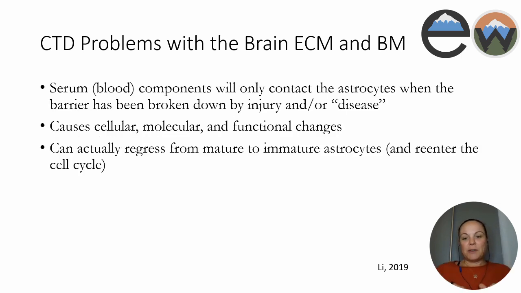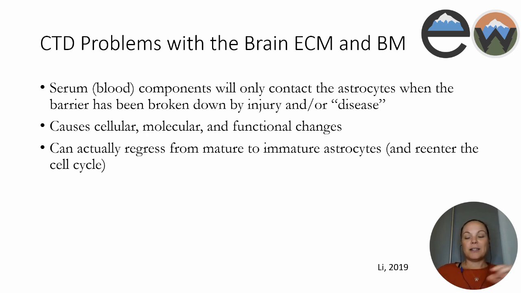Okay, so this is just a repeat from the first presentation that I gave, but just a reminder that the components in the blood will only contact our astrocyte cells, the communication cells of the neurological system within the brain and spinal cord, when the barrier has been broken down. So you're only going to have that interaction when there is injury or a disease process present.